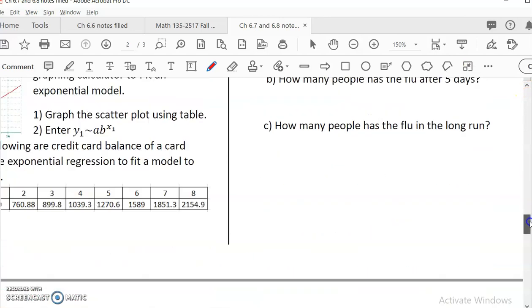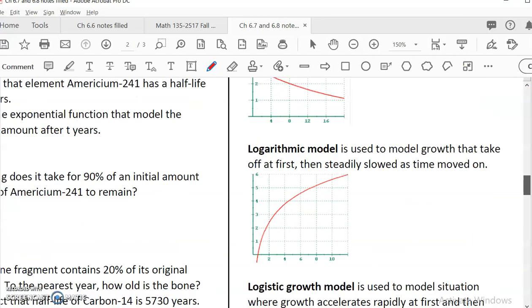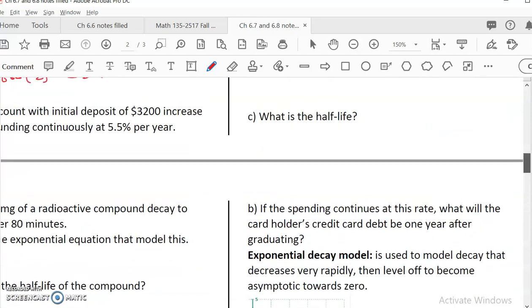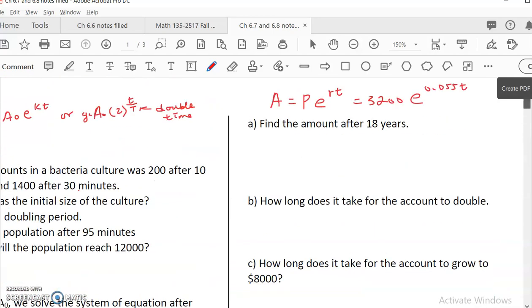Let's look at it, if it is right. 3,200, 5.5. Yeah, that's right. Then if you want to find the amount after 18 years, A or y would equal 3,200 e to the 0.055 times 18. It's just a matter of putting it in the calculator.